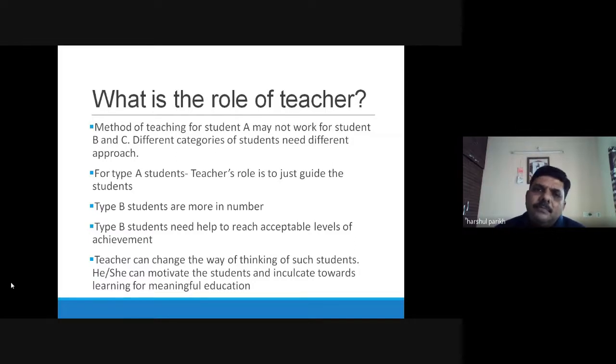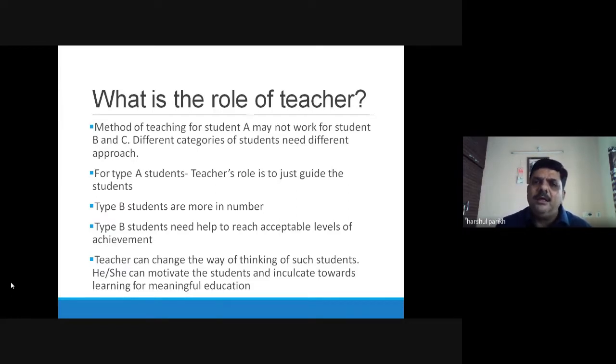Type B, they are studying just to get the degrees, and they need help to reach an acceptable level of achievement, where our teachers' efforts are needed. In type B students, our role is to change the mindset of students towards learning, not to just get degrees.